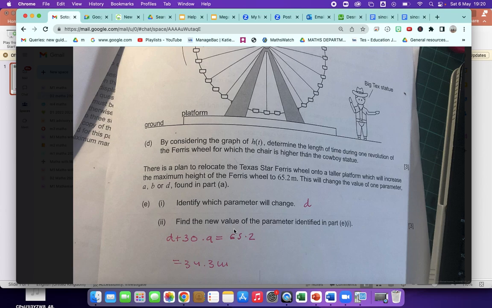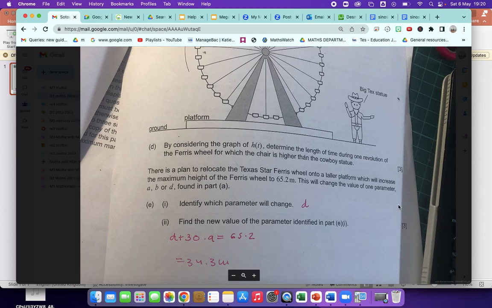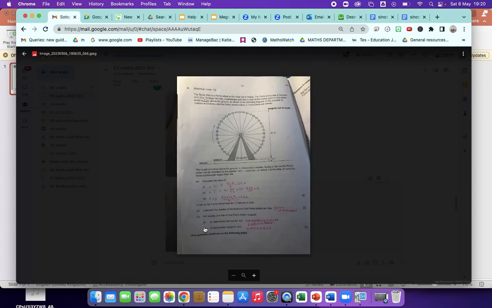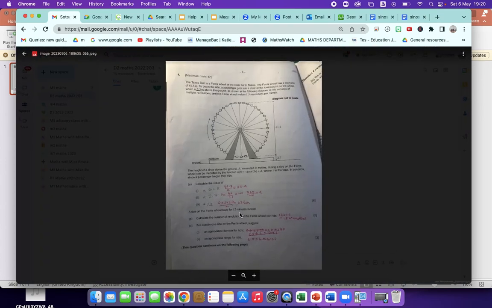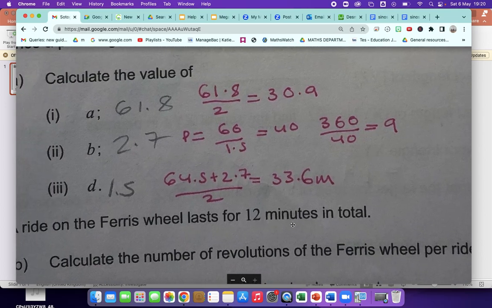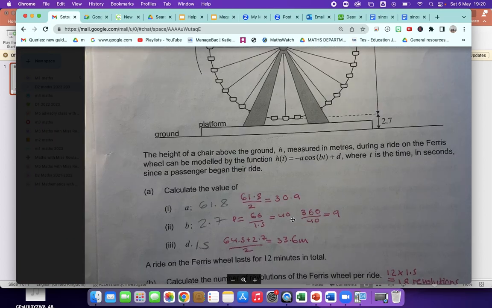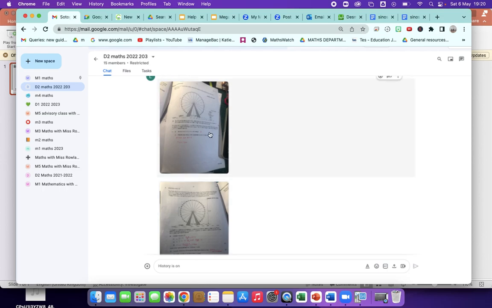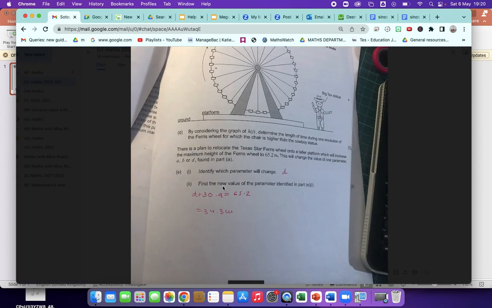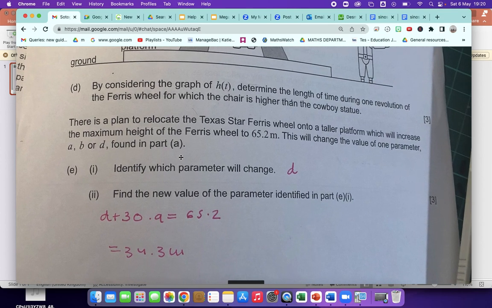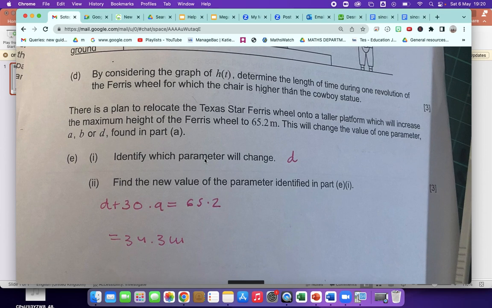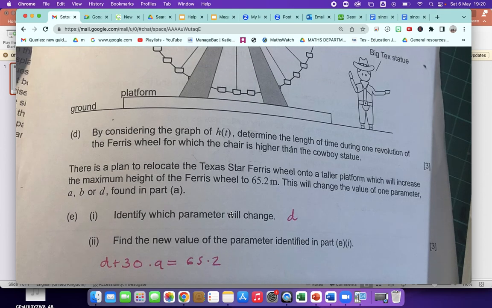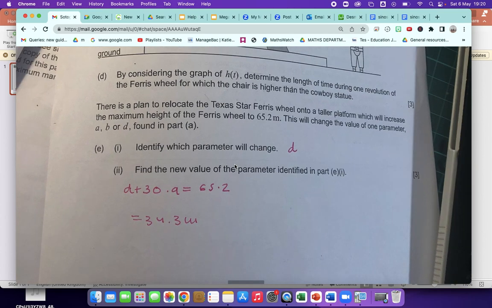So previously our D, let's just double check that, previously our D was going to be 33.6, because we decided we'd moved it 33.6 up. But now in this part of the question, we need to make sure it's much bigger than 33.6.